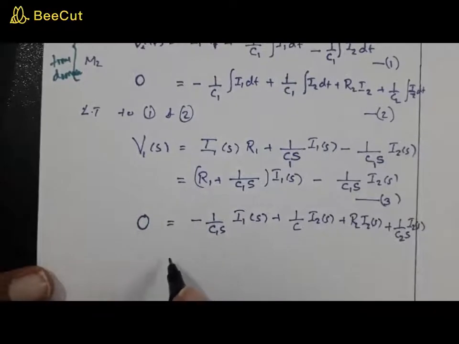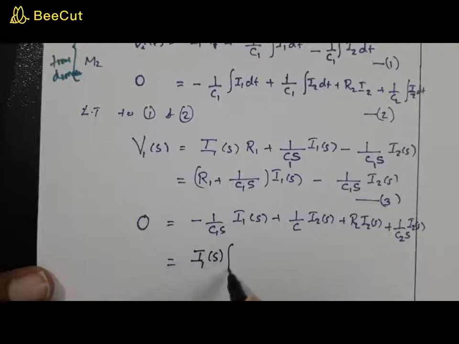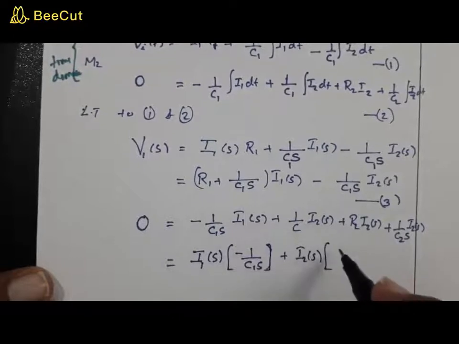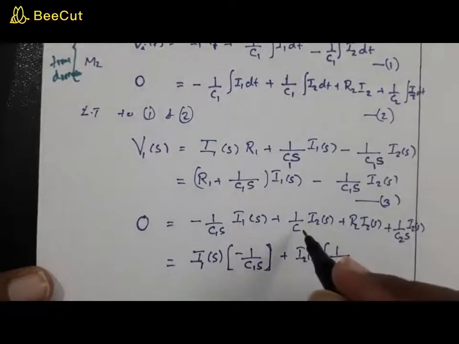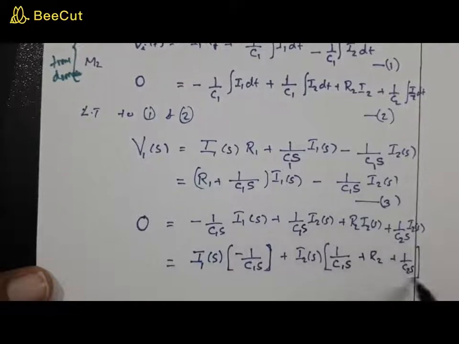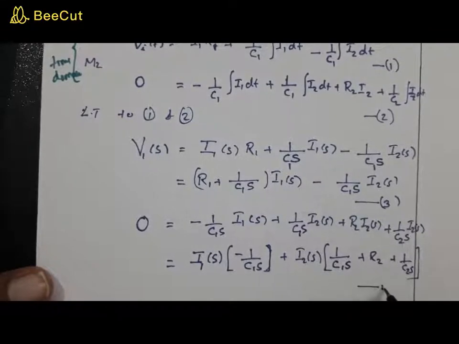So that you can separate this I1 of s as: minus 1 by C1s into I1 of s plus I2 of s into 1 by C1s plus R2 plus 1 by C2s, right? So call this equation 4.